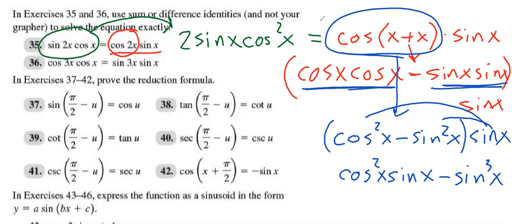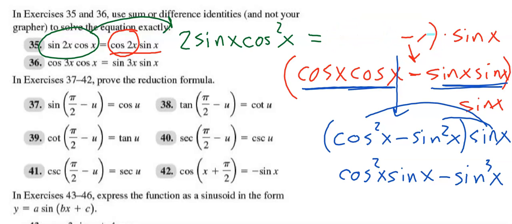Hopefully you have all that written down, because I'm going to erase at least part of the screen, and copy the blue part down up at the top. I'll erase this part right here, and that'll give me enough room to copy what we have down there. Cosine squared x sine x minus sine cubed x.